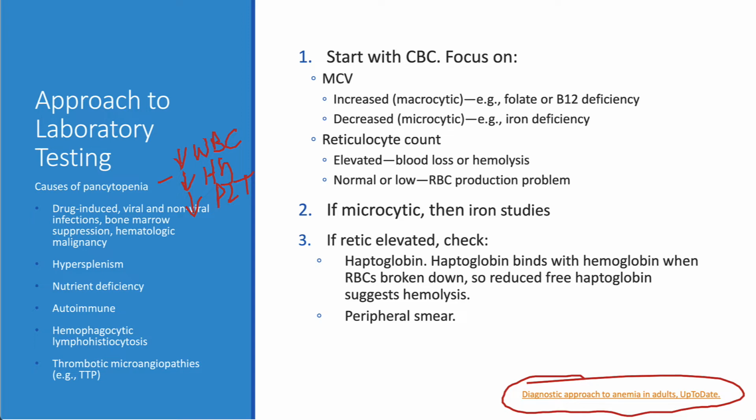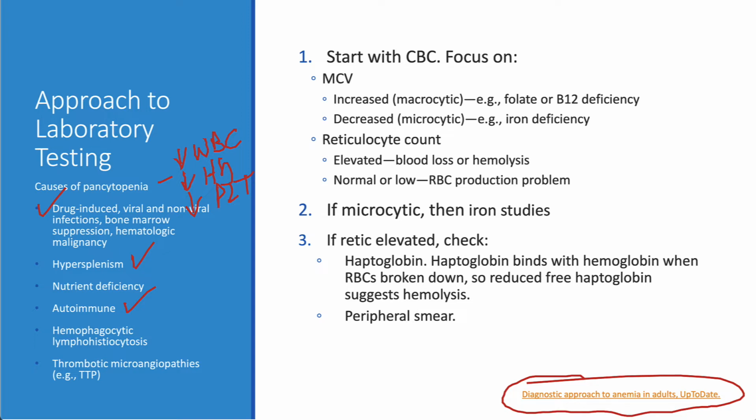It could be drug-induced pancytopenia, viral or non-viral infections, or bone marrow suppression, whether from drugs or from cancer or some other malignancy. All of those things need to be taken into consideration, as do overactive spleen, autoimmune diseases, and all these other things. So pancytopenia, if you see all three are low, is a different animal than anemia.